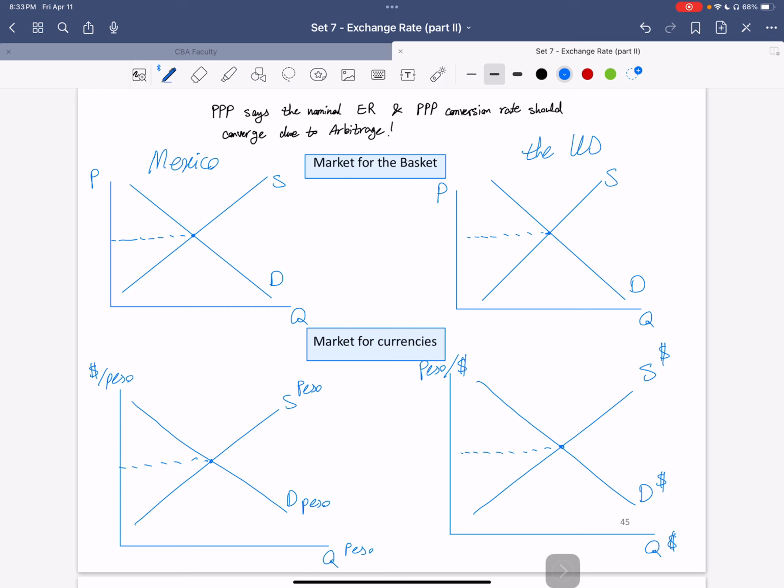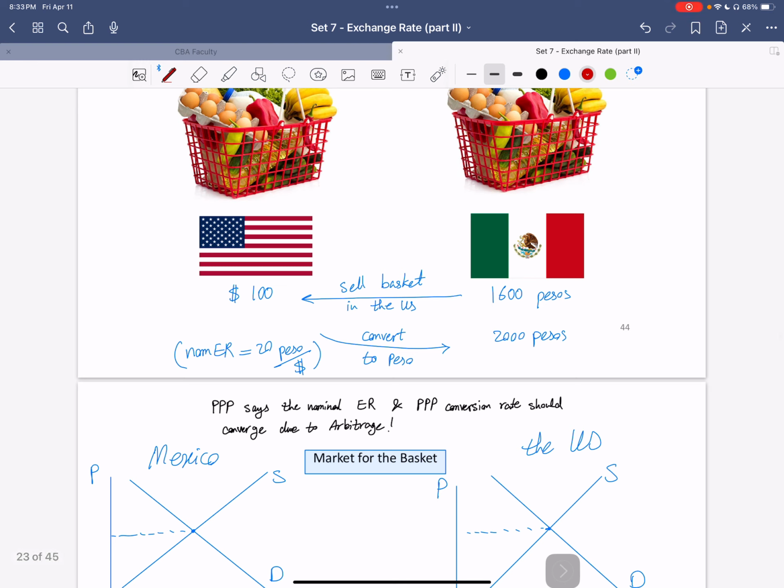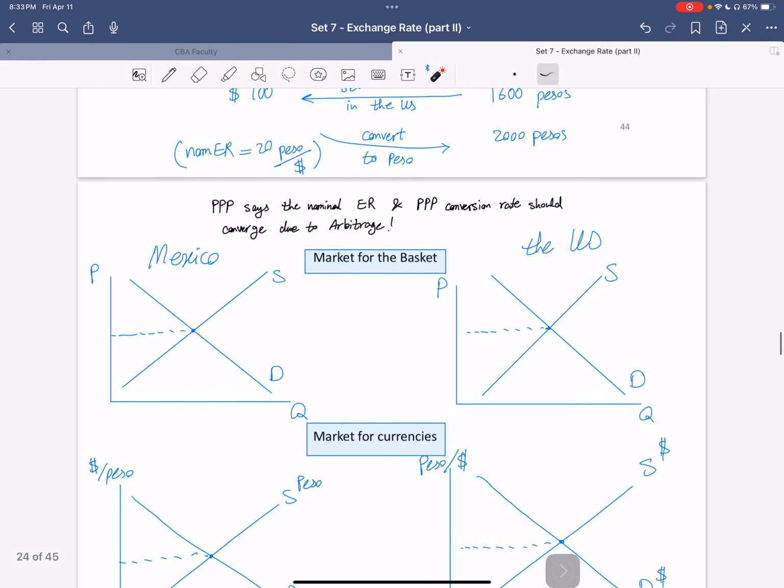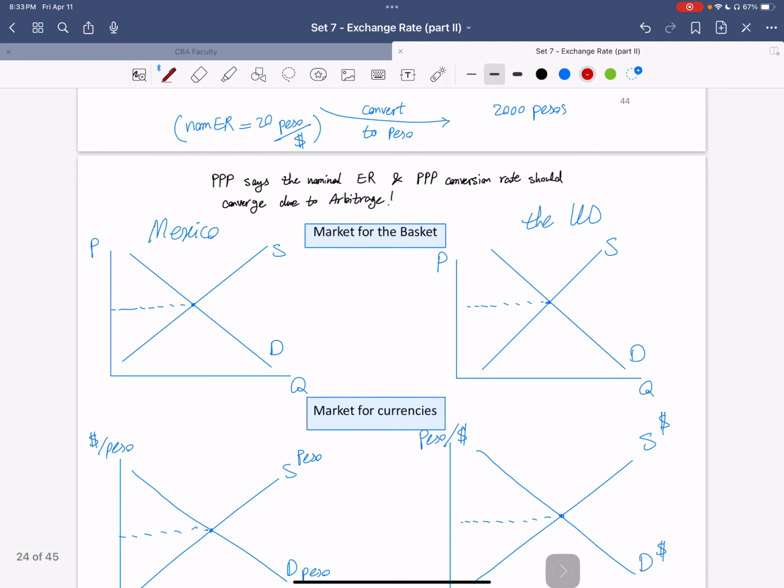Now let's say in the example we had the price in Mexico was 1,600 pesos for the same basket. You bought the basket at 1,600 pesos and took it to the US, sold it for $100.